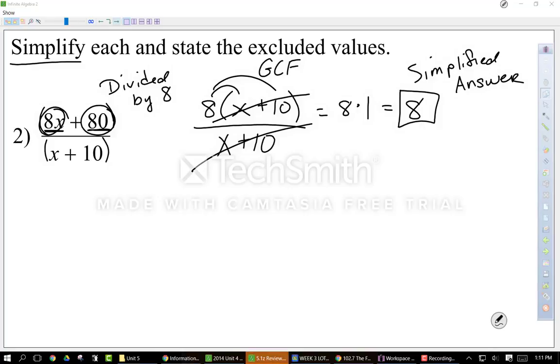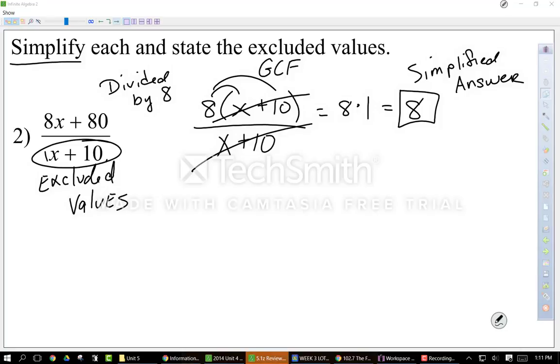But like I did in the last problem, I need to find the excluded values. And when I find the excluded values, remember, I just care about the denominator. That cannot equal 0. What number do I have to get in order for it to be 0? Well, I take the denominator and I set it to 0.